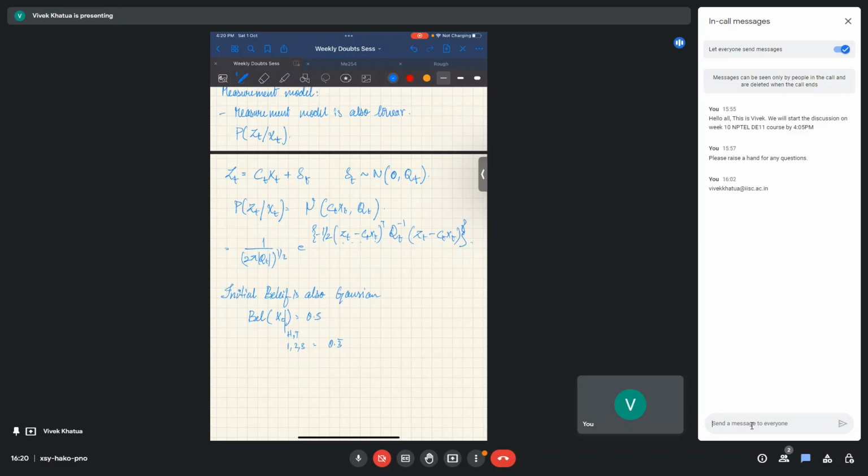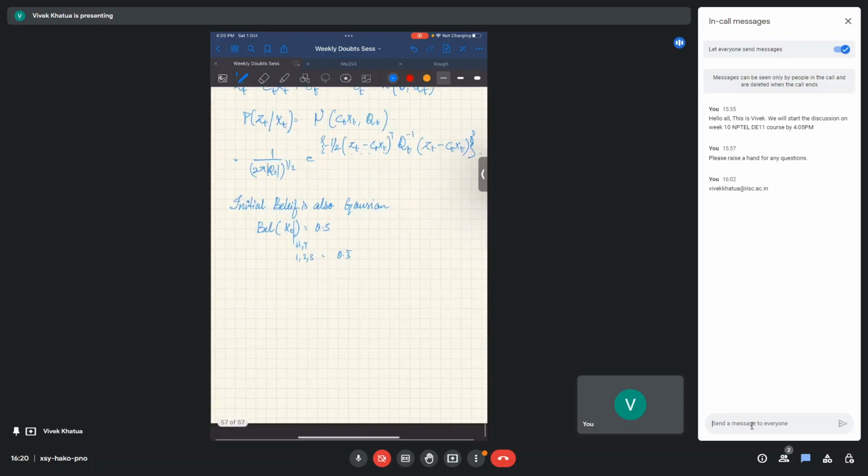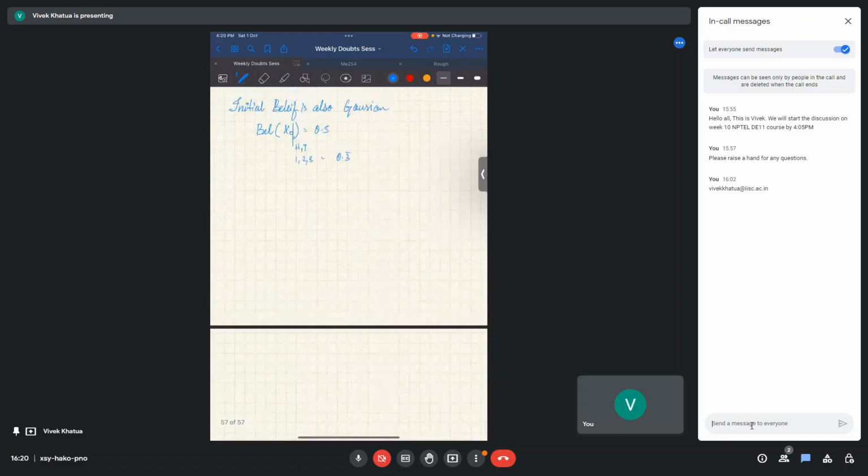Here we don't do that. Rather, we have it as a Gaussian distribution with some mean value. Belief of x naught is given as a normal distribution. I'll not be writing the formula, rather I'll be denoting it by a normal distribution with mu naught and some variance of sigma naught.